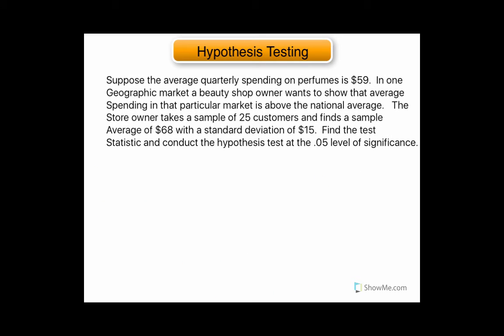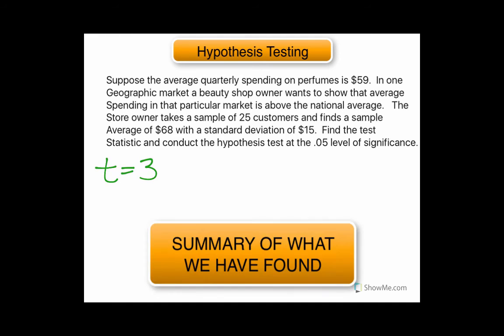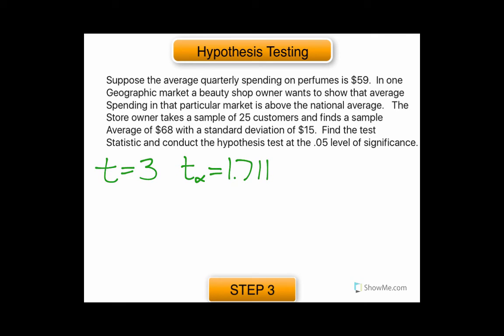Okay, so if you recall from before, we found that our test statistic was 3. Our critical value using the t-table or a calculator was 1.711. And I'll just remind you what the alternative hypothesis was, is that the store owner's average is greater than the national average of 59.